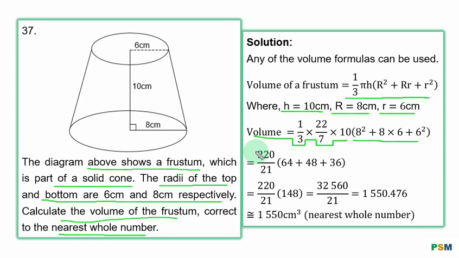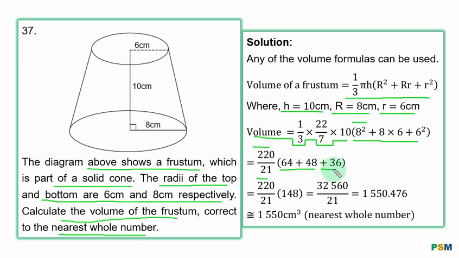That is 220 over 3 times 7, that is 21. 8 square is 64 plus 8 times 6, 48 plus 6 square, 36.